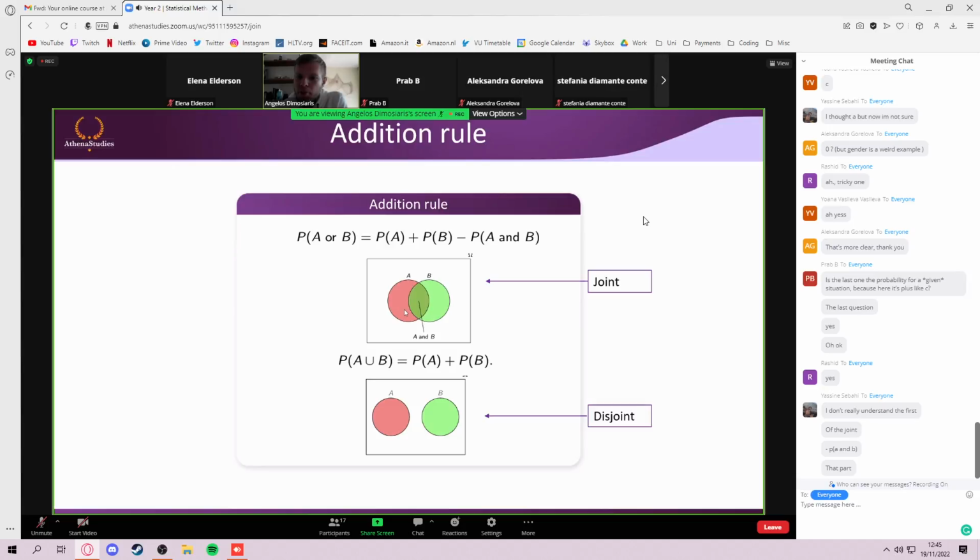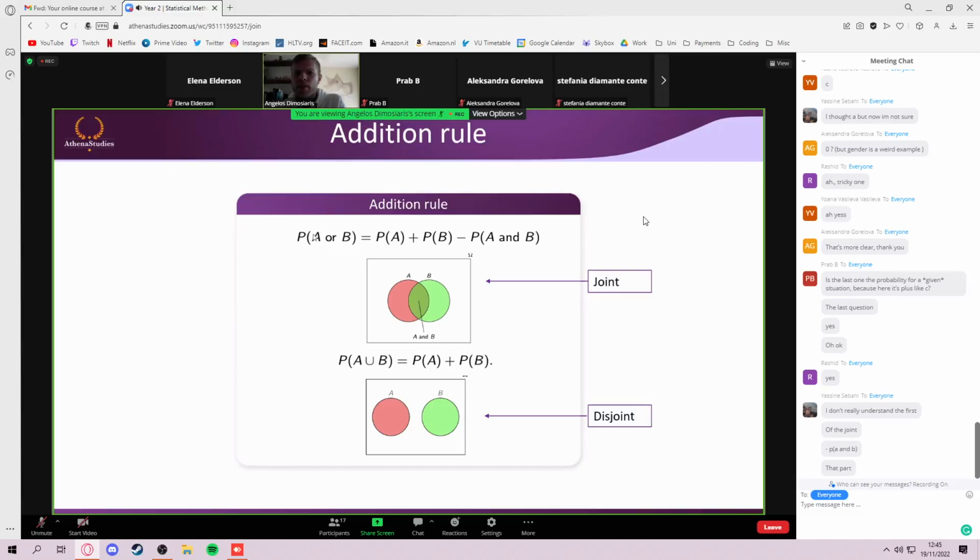So there are some rich people, there are some males, and there are some rich males, right? So we have both of these events happen here in the middle. So again, we have the red part is the rich people, the B, the light green part is the males, and the dark green is both rich and males.